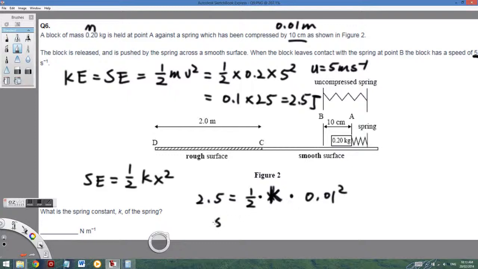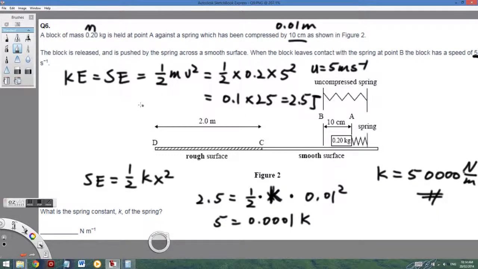If we do that, it will be 5 equals 0.0001 k. Then my k must be 5, 1, 2, 3 newtons per meter. The important thing here is that when the spring is released, all its spring energy is transferred, transformed, to kinetic energy.